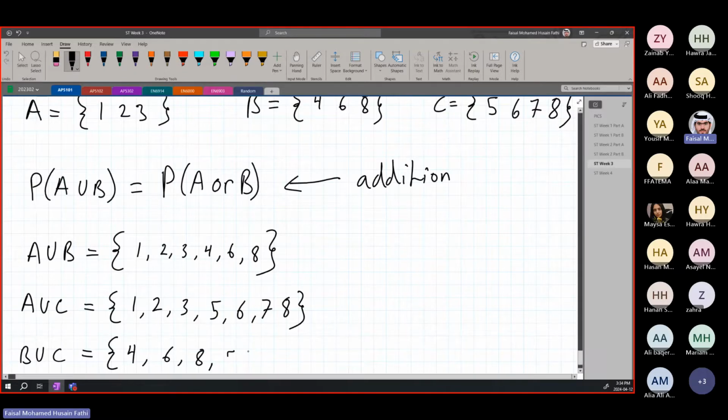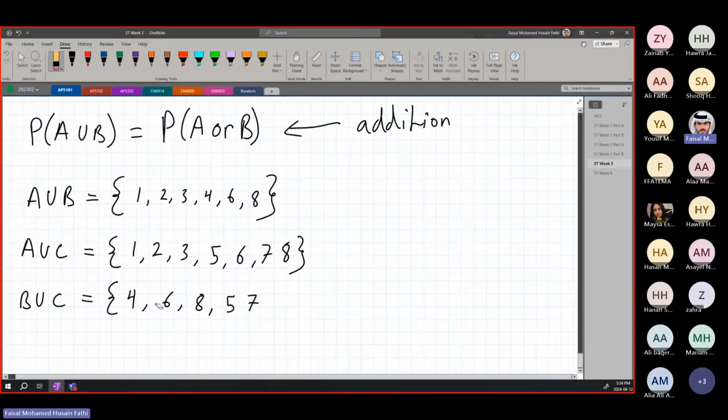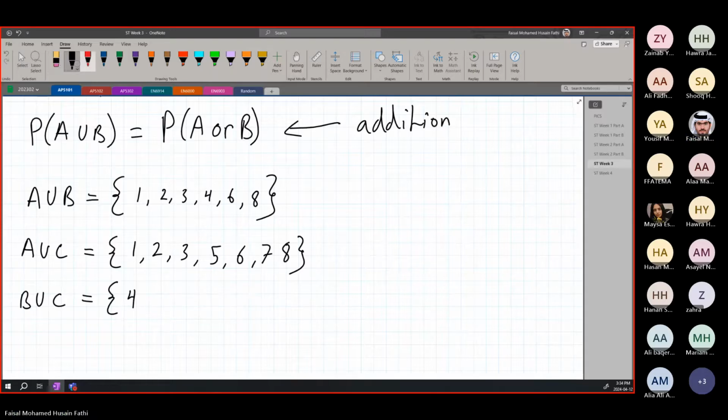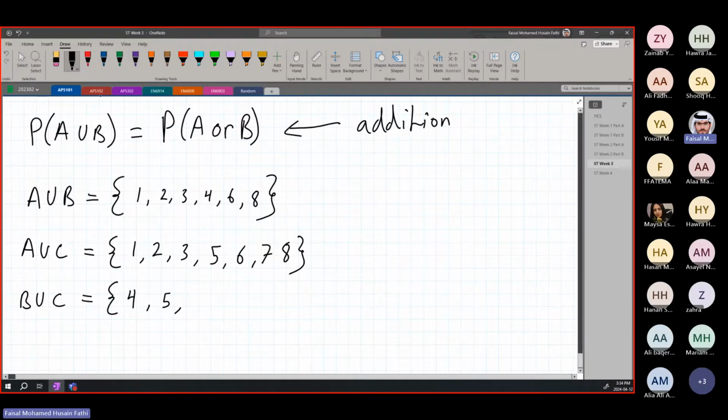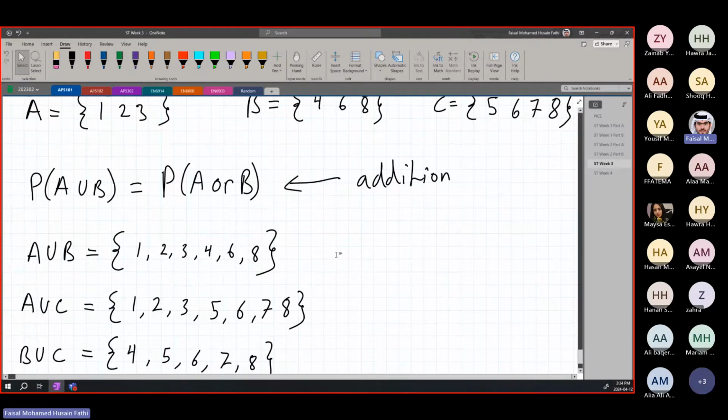It is 5 and 7. So in order, it's going to be 4, 5, 6, 7, 8. Remember again, when we have union, we do not repeat the numbers.